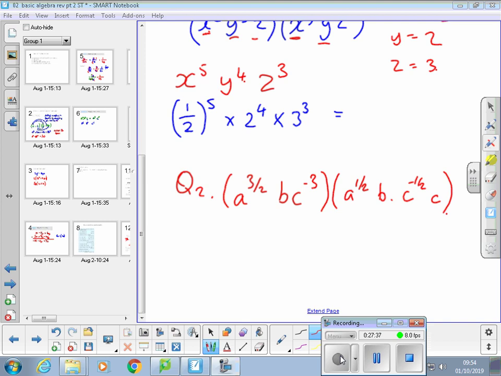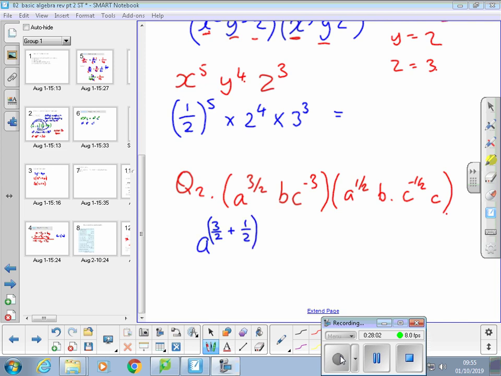So how can we bring the a terms together? What law of indices do we apply to the a terms? Yeah, so I'm going to write this out longhand, we've got a to the 3 over 2 plus a half.